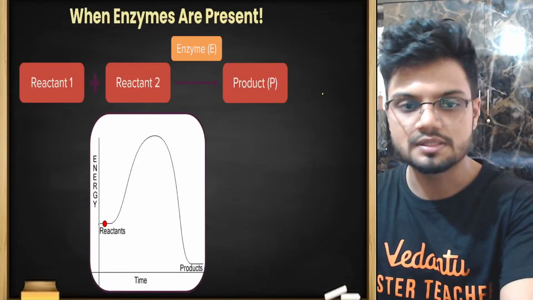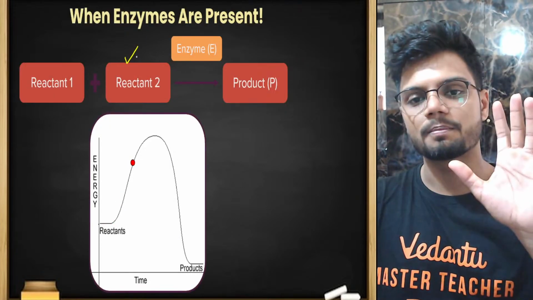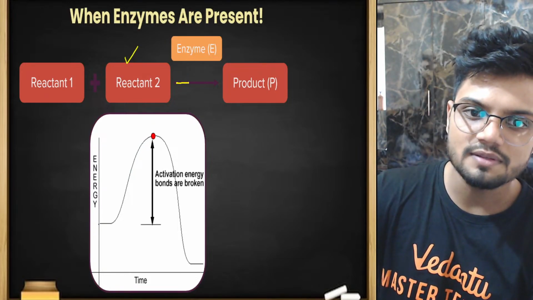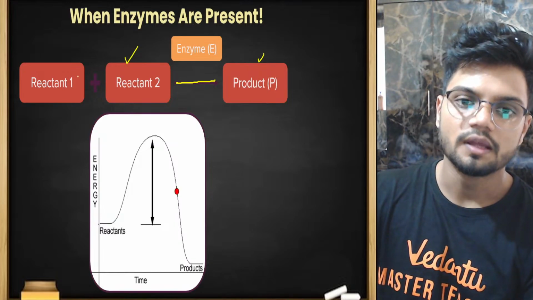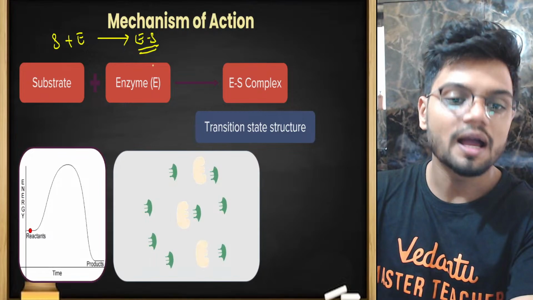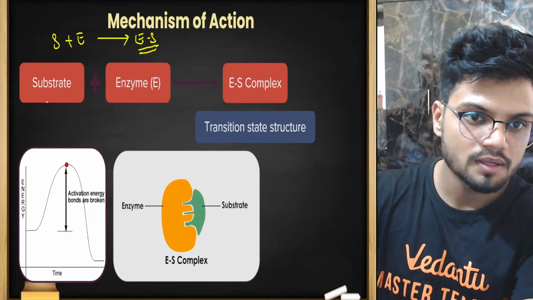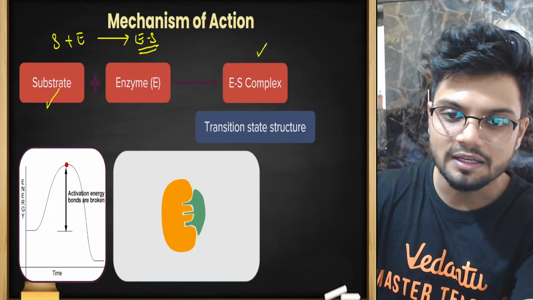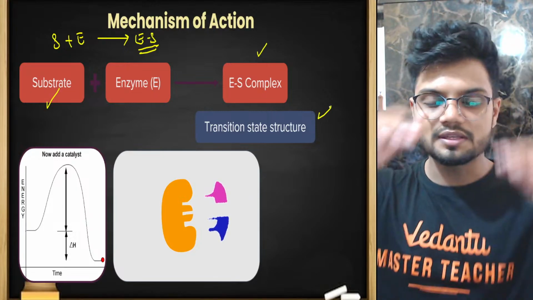For example, students, here reactant 1 has some energy, intermediate will have some energy, and product will have some energy. Now I am telling you there is a clear energy difference between your substrate and intermediate state. Intermediate state is also called as what? Transition state. There is an energy difference.